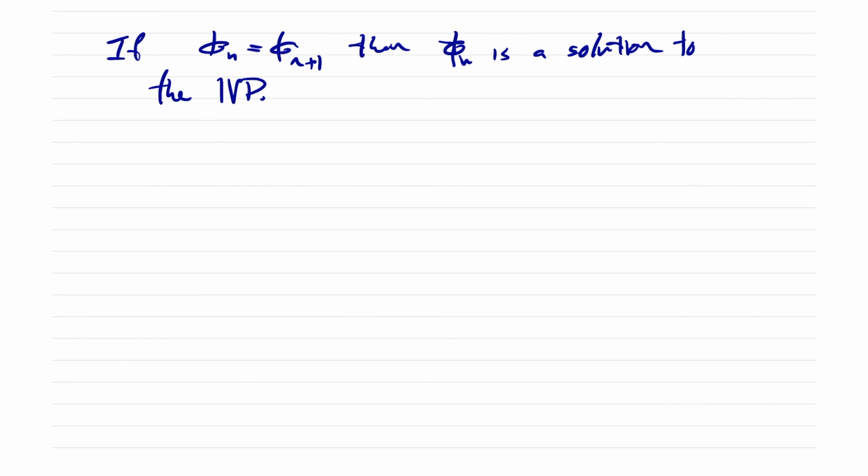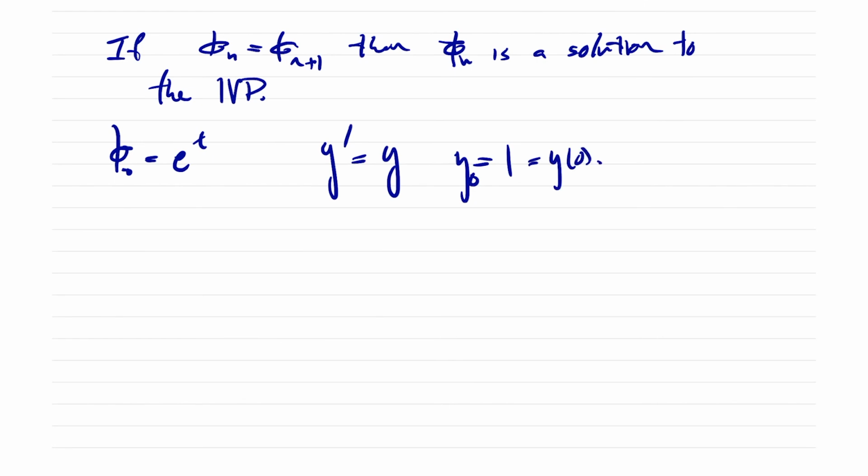So for instance, if I chose phi not to be constant, but I just say e to the t in this case, and I consider my initial value problem, say y prime is equal to y with y not equal to 1, so being y of 0, then what we get is this.